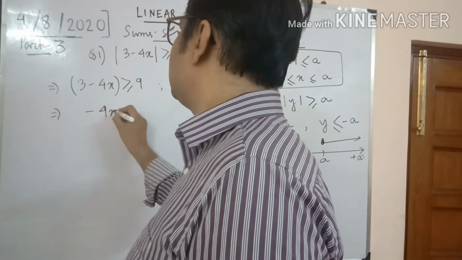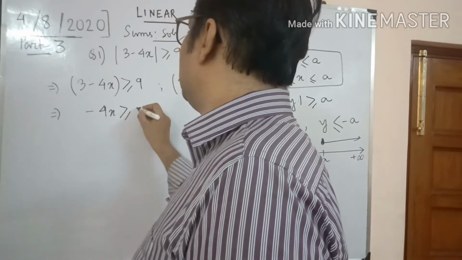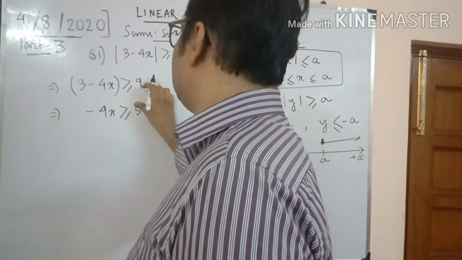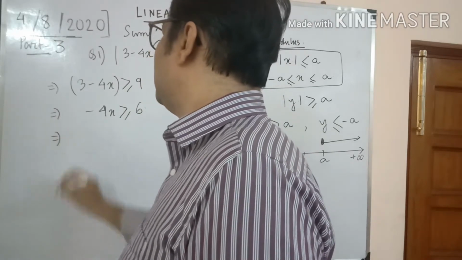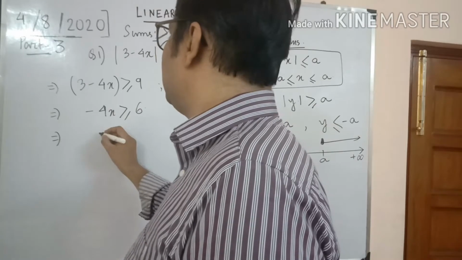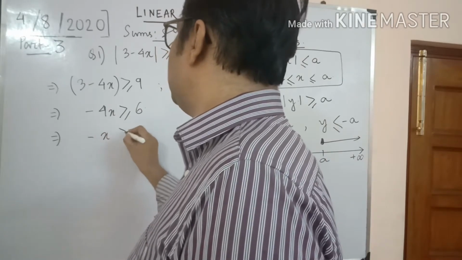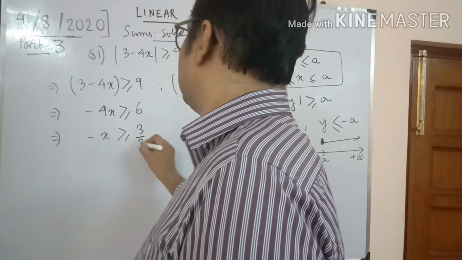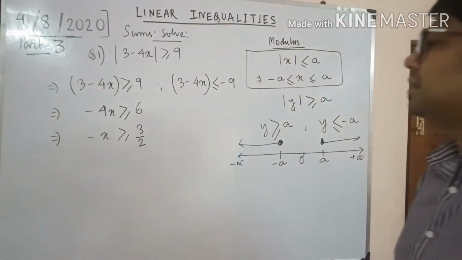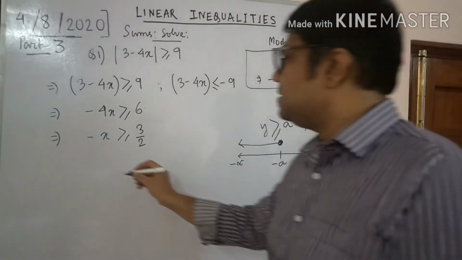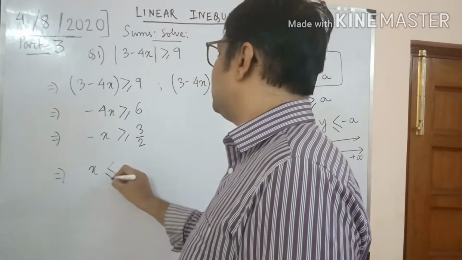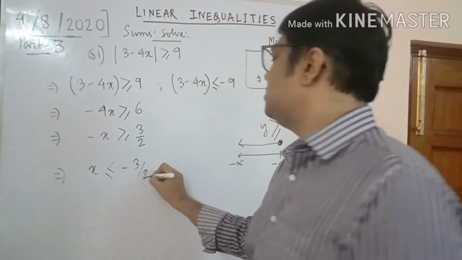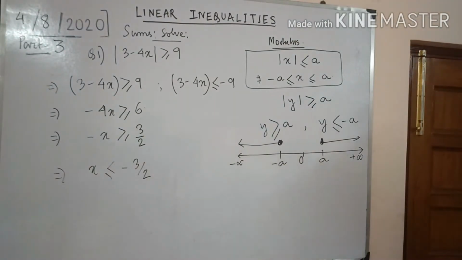Minus 4x, you get a 6 over here. So minus x is this thing, or if you multiply with a minus, you get x lesser than or equal to minus 3 by 2.